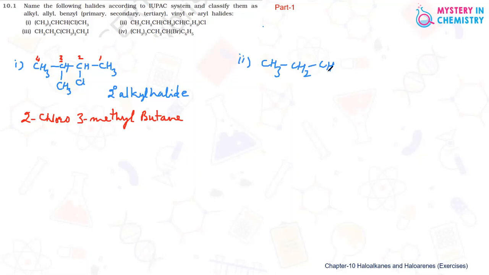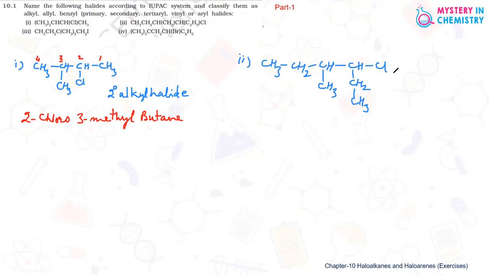Looking at the structure which is given, CH, then it is attached to CH3, and then again it is attached to one more CH, and this is further attached to C2H5. C2H5 we can write as CH2, CH3, so that we can count the number in the longest chain. And after that we can write here chlorine.